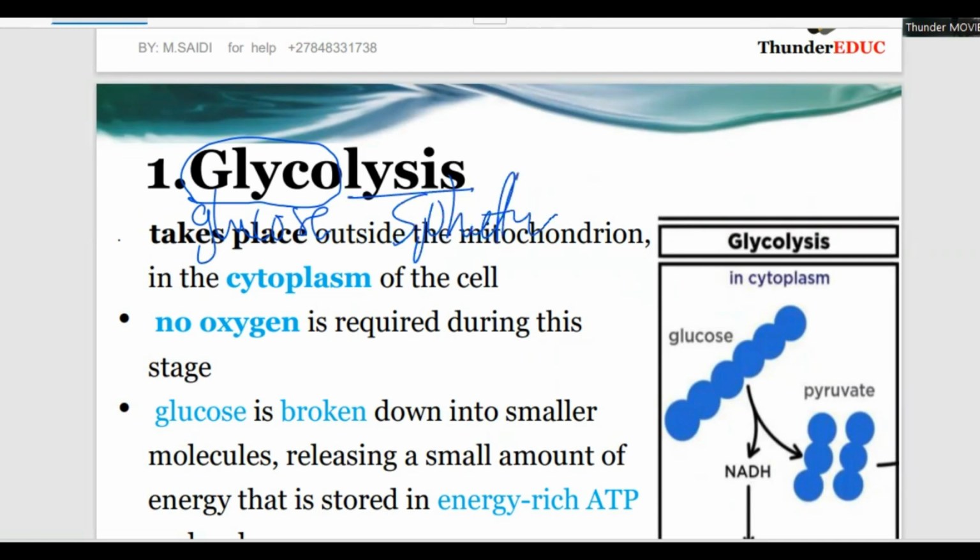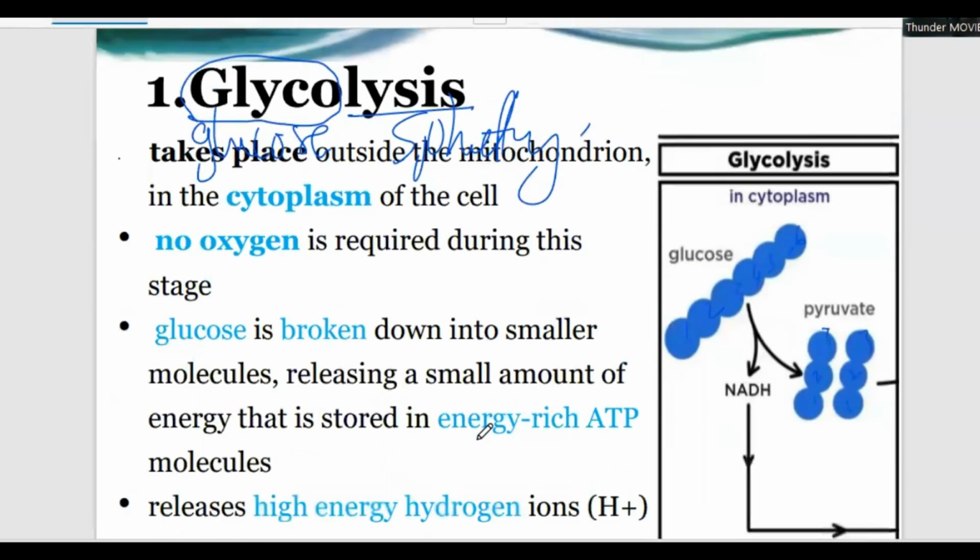So we are splitting this molecule of glucose, which has 6 carbon atoms. It divides into 1, 2, 3 and 1, 2, 3, meaning that you have 2 independent molecules made up of 3 carbon atoms. So it takes place outside the mitochondrion, in the cytoplasm.